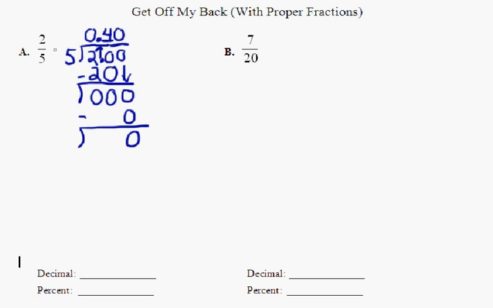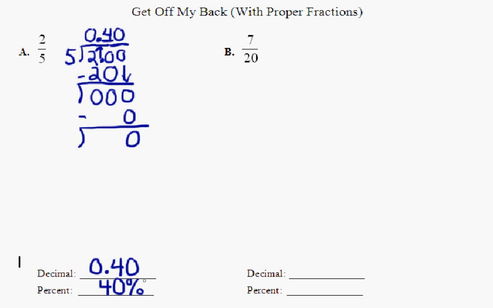And now we have 2 divided by 5 equals 0.40. So as a decimal, 2/5 is 0.40. Another way of saying that is 40 hundredths, which means, since it speaks hundredths, that's just 40%.